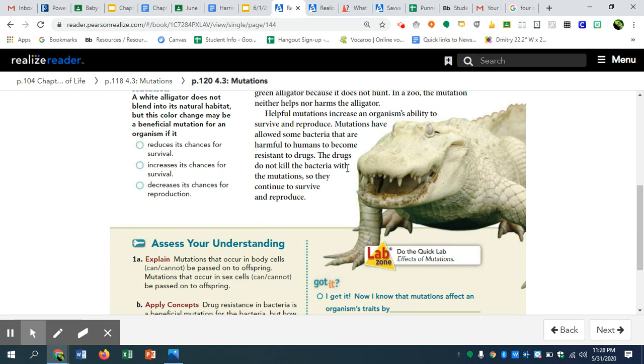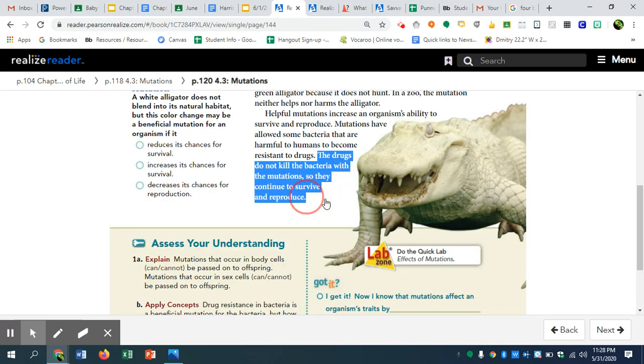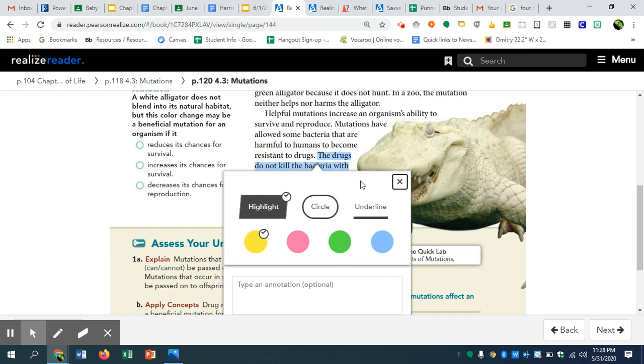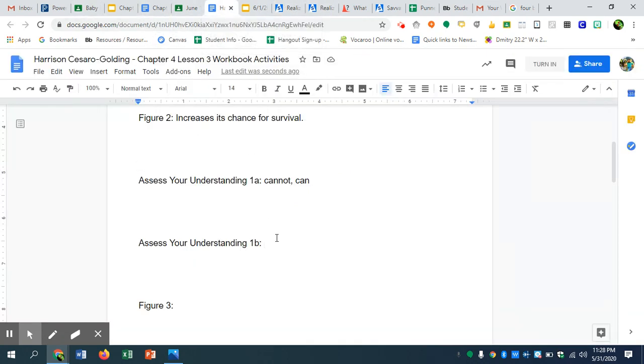So the drugs right here, I wonder if I can copy this. We'll try. The drugs do not kill the bacteria with the mutation, so they continue to survive and reproduce. Let's see, did it work? No, it didn't. Okay.